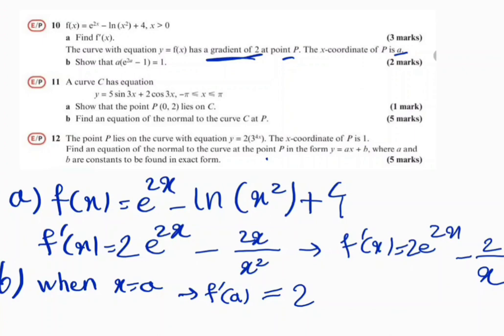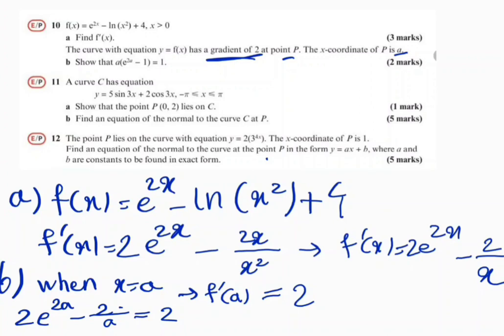Now it's just a matter of plugging numbers and doing some algebraic manipulation. So 2e to the 2a minus 2 over a is equal to 2. This is the derivative, and then I just plugged in a, because a is our x coordinate, and that must be equal to 2, because we know that the gradient at a is 2.